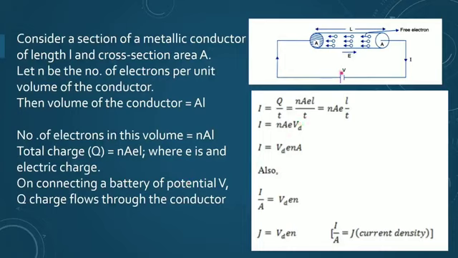And when you connect with a battery of potential V, the charge flows. This much we have already done. Current is Q upon t, which equals N e A Vd. And I upon A is the current density. So simply divide by the factor A and you get N e Vd. So the current density is N e Vd, where N is the number of electrons per unit volume. So this is the expression for the current density.